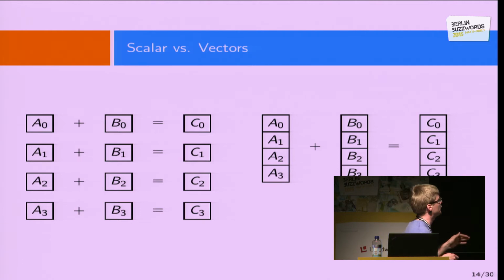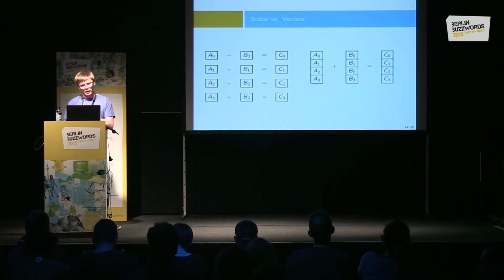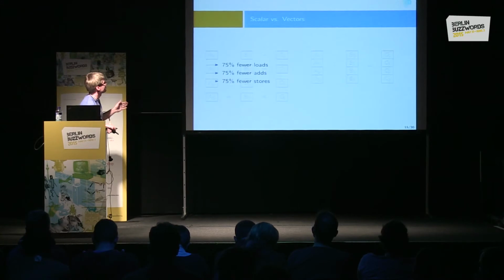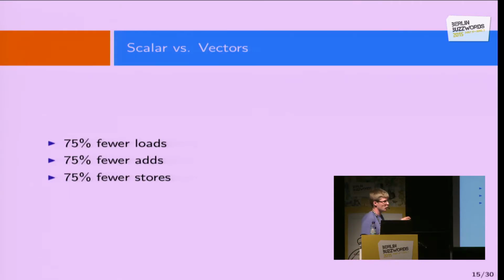In vector mode, we just load the vector into a special CPU register, do our operation, and store the value into a register or main memory. Also, we can put this value into another register and calculate in a chain. In this case, we have 75% fewer loads, 75% fewer adds, and 75% fewer stores. So in the best case, in our case, the algorithm works 4 times faster.